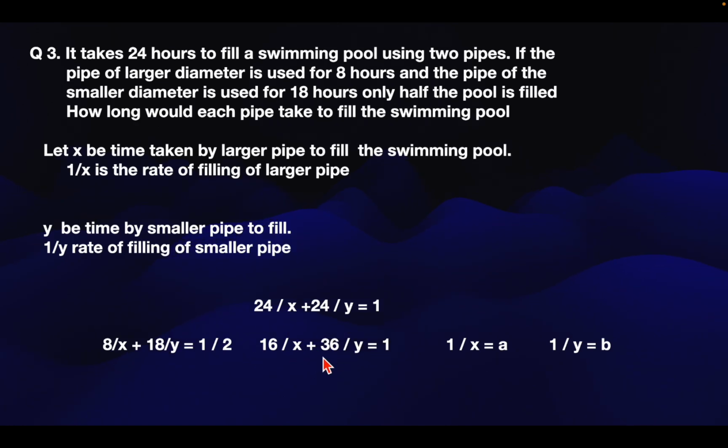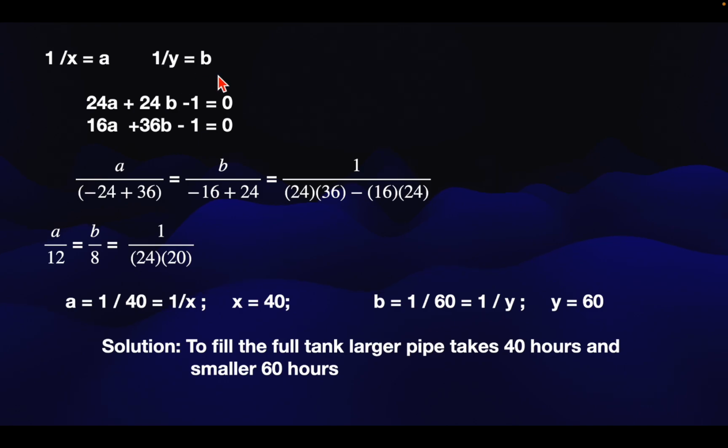Now what you should do is substitute 1 upon x as a and 1 upon y as b. Write down here, and in those equations, if you substitute, you get these two equations.